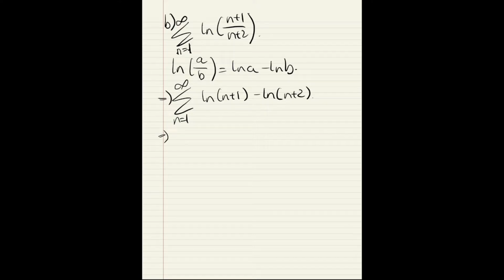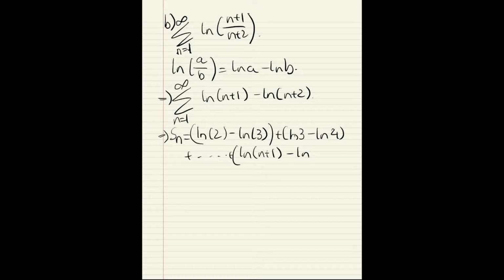We're doing the telescoping series again, so we have S of n equals ln 2 minus ln 3 plus ln 3 minus ln 4 plus so on, plus ln(n plus 1) minus ln(n plus 2).